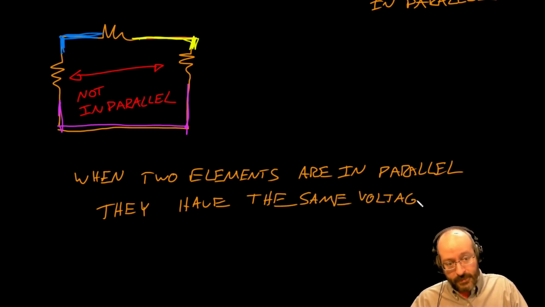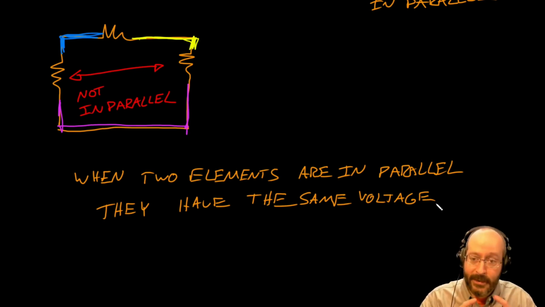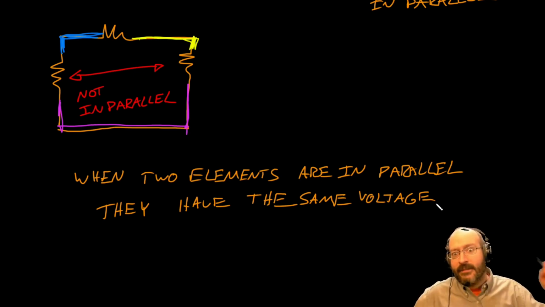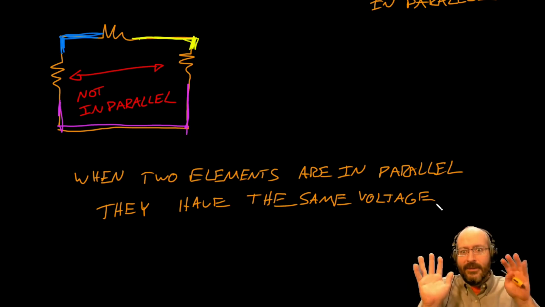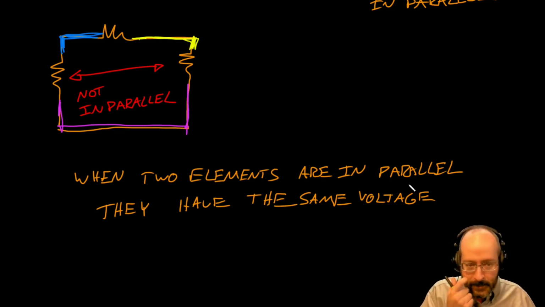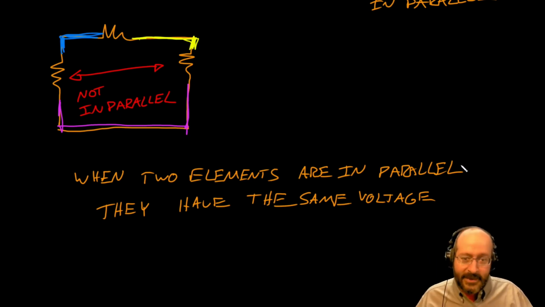Okay, when they're in series, they have the same current. When they're in parallel, they have the same voltage. Important enough that I made another video and I'm going to glue them together and do all the stuff. Okay, but I do want to talk about it in coming videos as it's kind of a key concept.